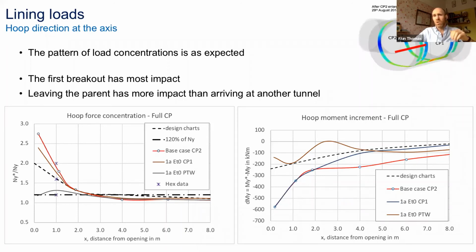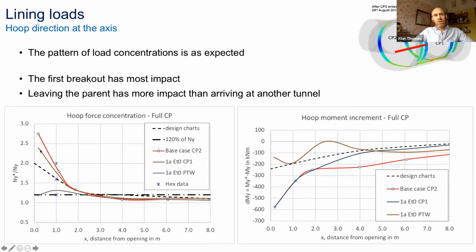So this is showing you how much the axial force is elevated. These blue concentrations, how high are they in comparison with the normal green, versus the distance away from the opening. And you can see the red line is the base case beside cross passage 1, and within a very local area, less than about 3 meters, you see that the axial force escalates very rapidly.